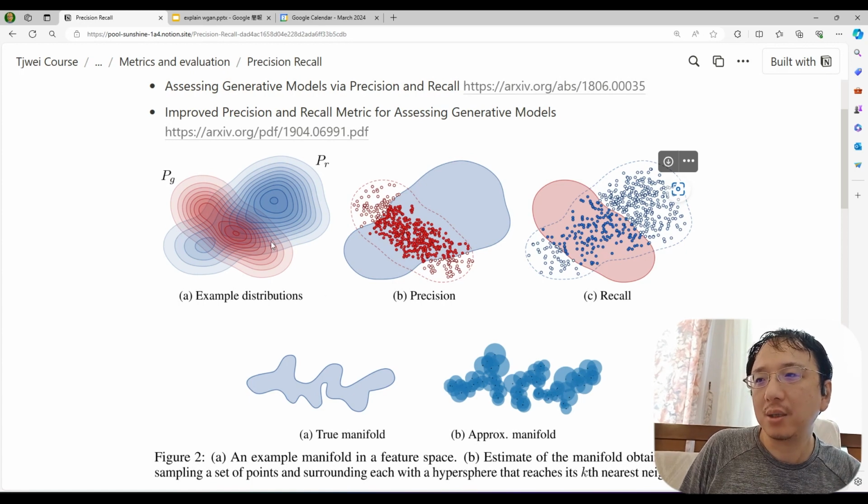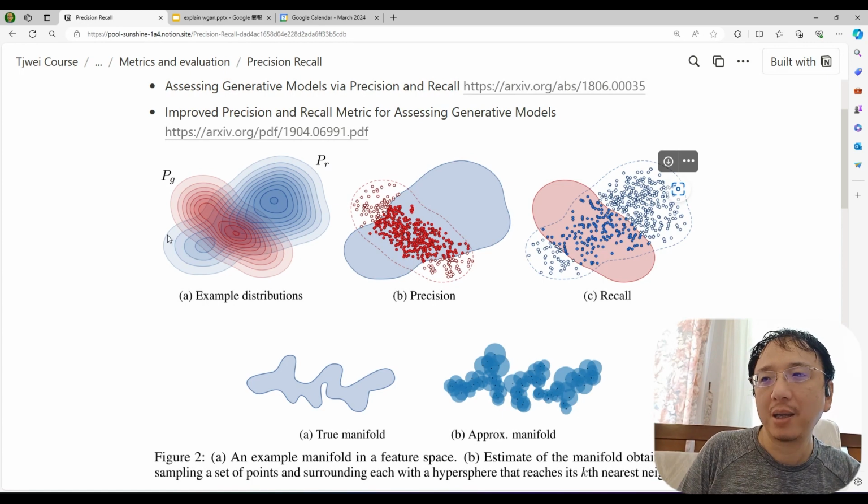We call this intersection the true positive. We are considering the red one as predicted positive, or generated positive. Using the terminology of precision and recall, we call the red one the predicted positive, and the blue one we simply call positive.